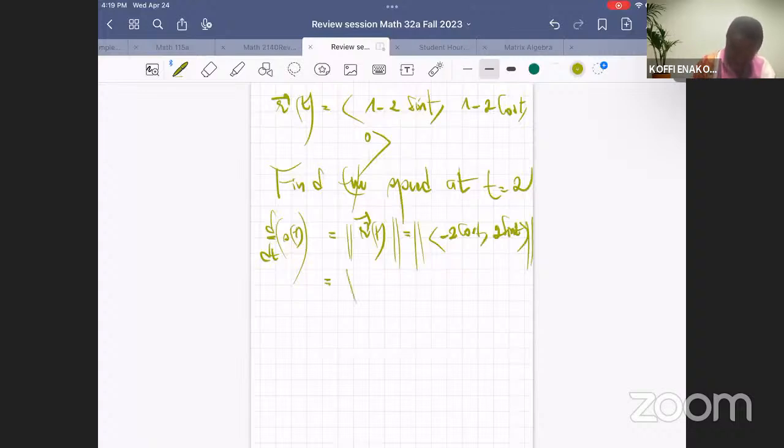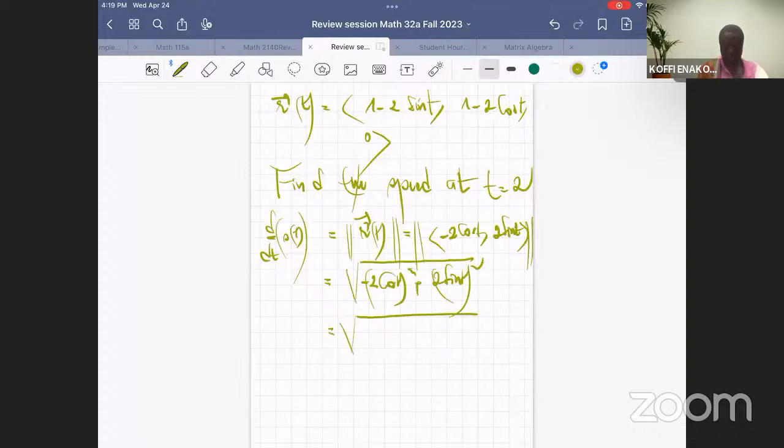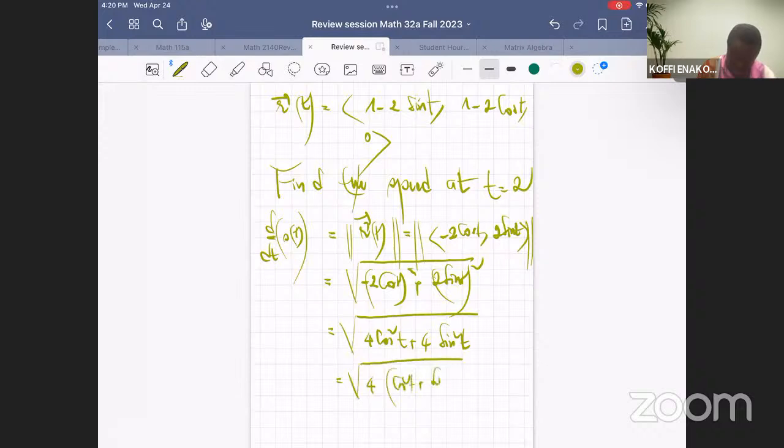If we take the speed, then this will be the root of 4 cosine squared t plus 4 sine squared t, which is the root of 4, which is 2. So this is the speed.